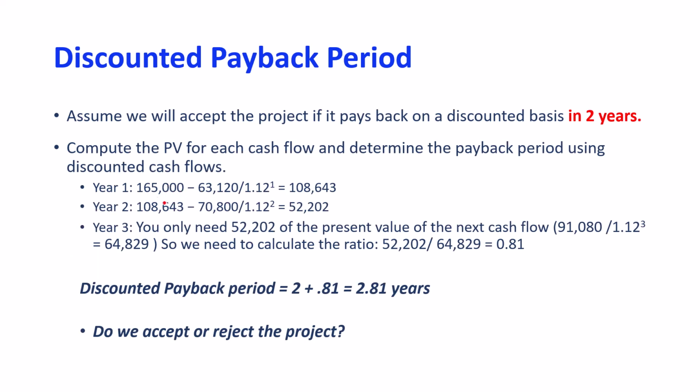This is our previous cash flows that we had. We had $165,000 cost of the project today and $63,000 in year one, $70,800 in year two, and then $91,080 in year three. If your discount rate is 12%, that means that the present value of cash flow one, this 63,120 divided by 1 plus the discount rate raised to the power of 1, should be 56,357.